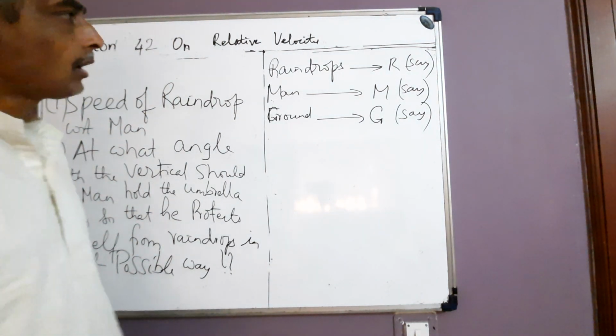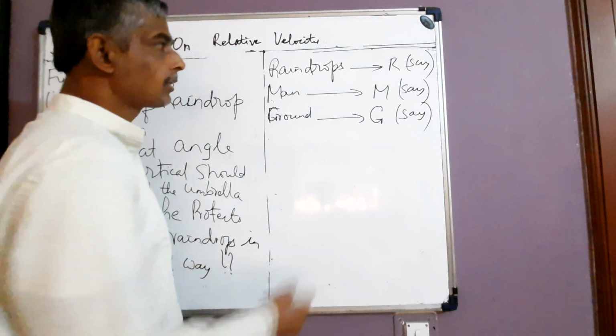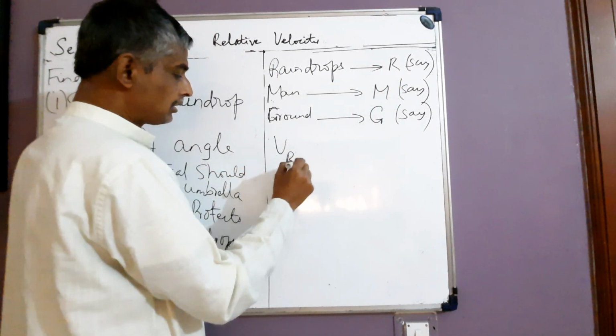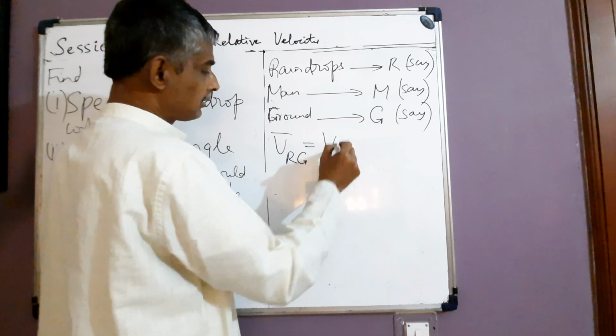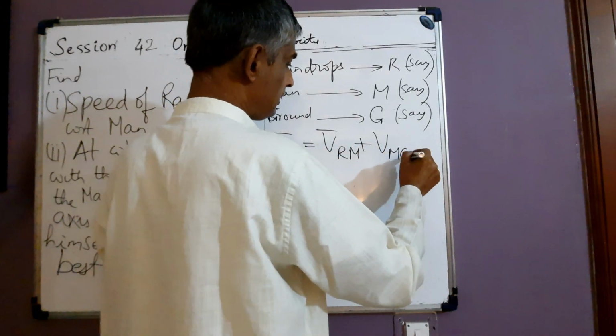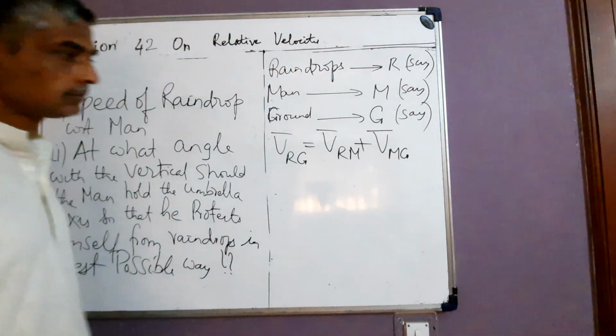Now I write down the formula for translating frame: VPF equals VPM plus VMF. Instead of P we have R, instead of F we have G. VRG equals VRM plus VMG.